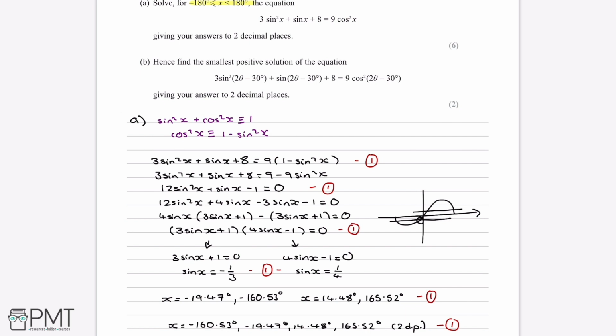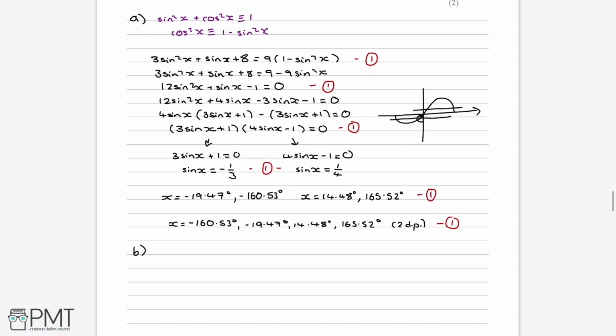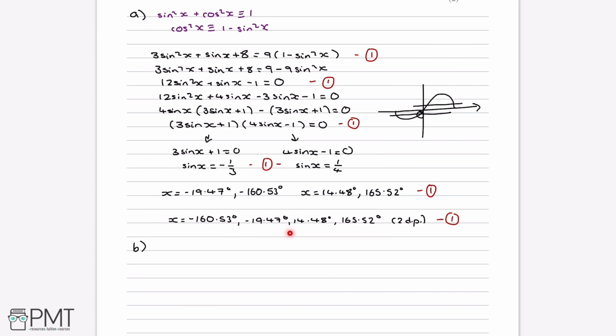Now, if we look at the equation given in part A and part B, we can see that they're identical, apart from the fact that x has now been switched out with 2 theta minus 30 degrees in each term. And so we can say that x is equal to 2 theta minus 30 degrees, because they're the same equation.